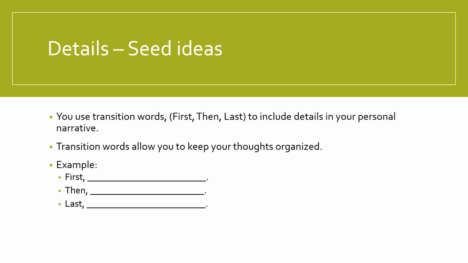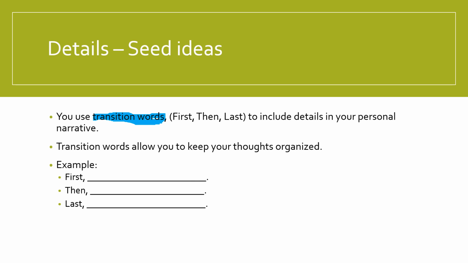Alright, so now let's talk about our 3 details, or our seed ideas. So during our details, we have to use transition words. Transition words are words that help you get to the next point or idea. So the transition words that we use are first, then or next, and last. These are to include details in your personal narrative.